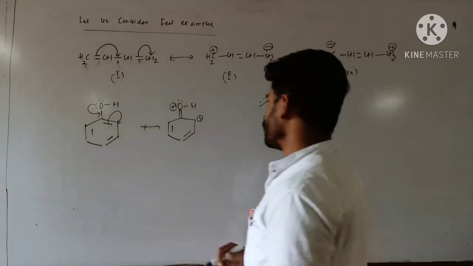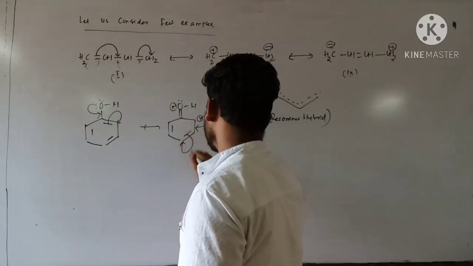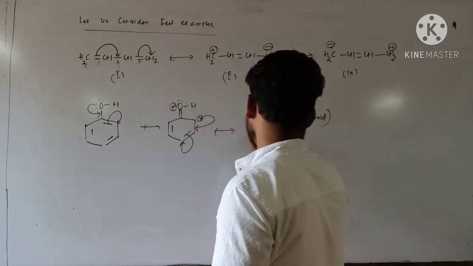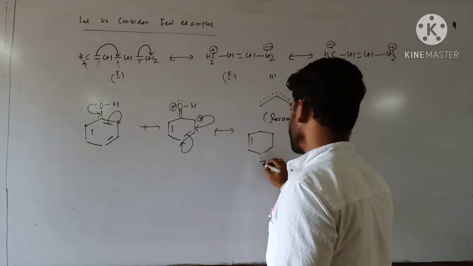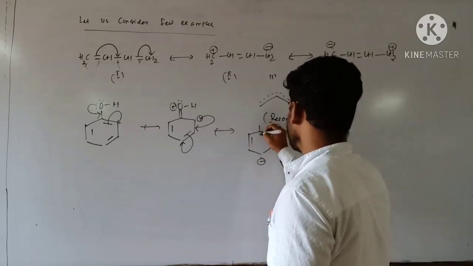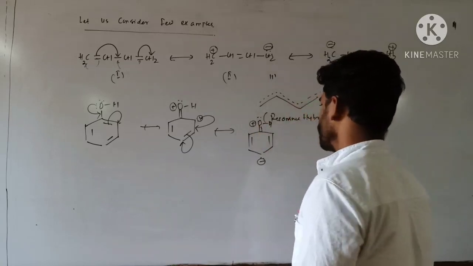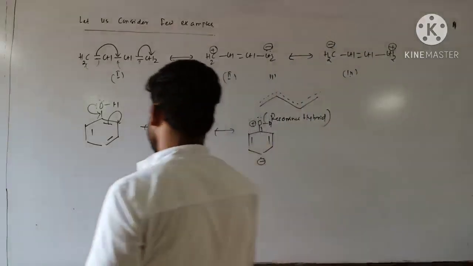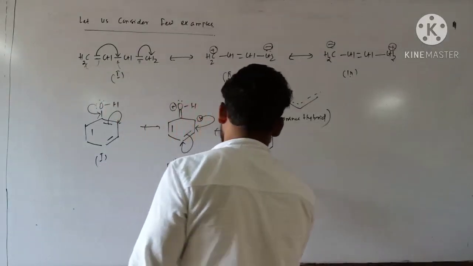Clear? And the next structure I can do like this. This negative charge comes here and this one comes like this. So the next structure you can get is this one, pair of electrons, negative, double bond oxygen, OH, plus charge is here. Clear? So look at these 3 structures, 1, 2, 3.